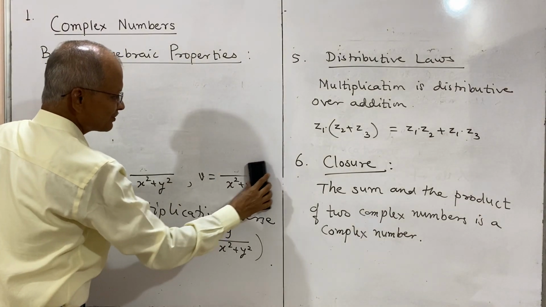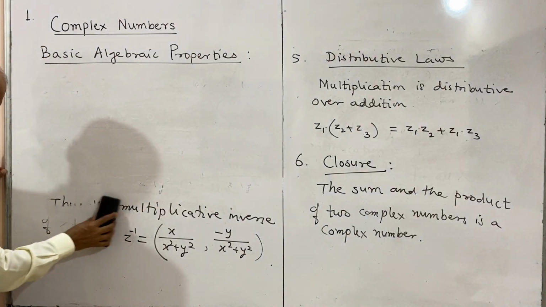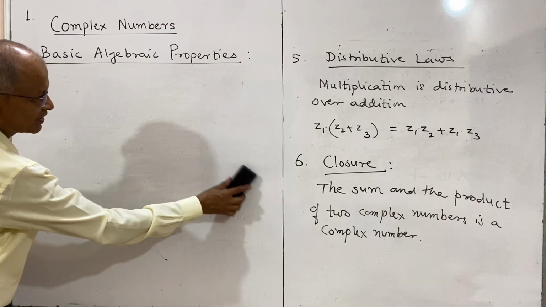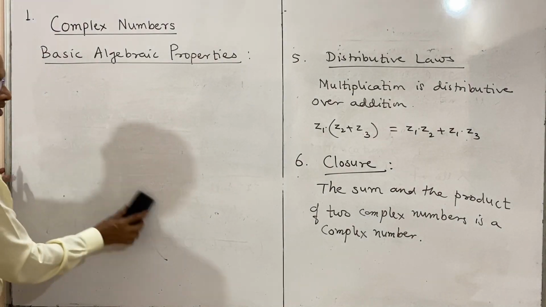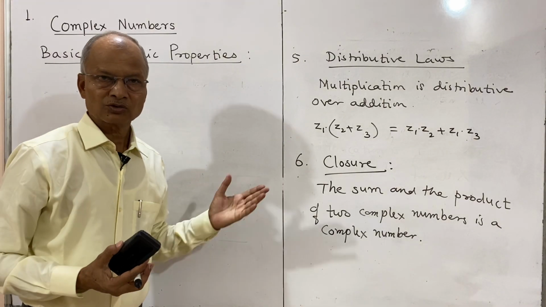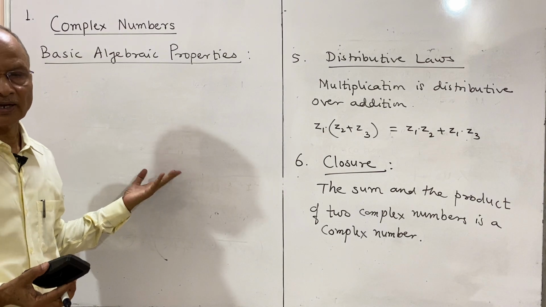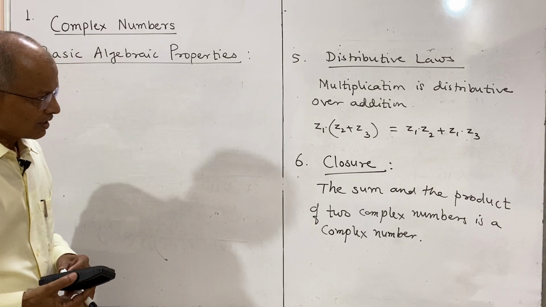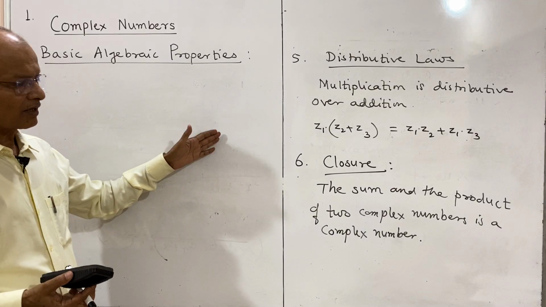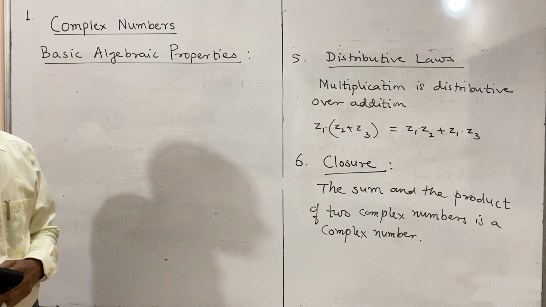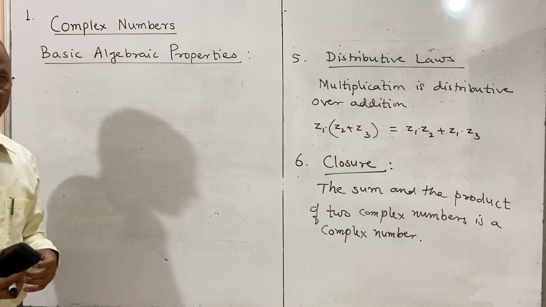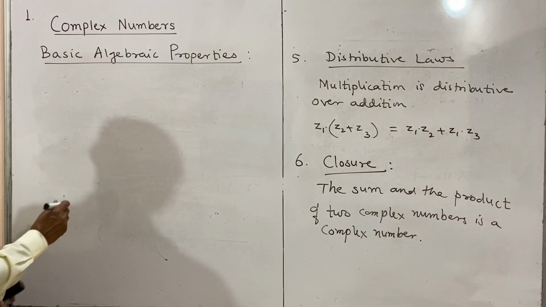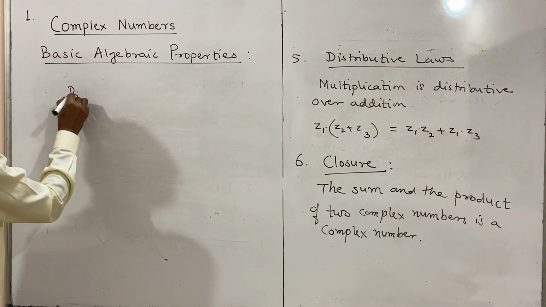So all these properties, if you observe, closure, distributive law, commutative law, associative law, identity element and inverse elements exist for both operations. We see the set of complex numbers forms a field under the addition and multiplication operations by the above properties.